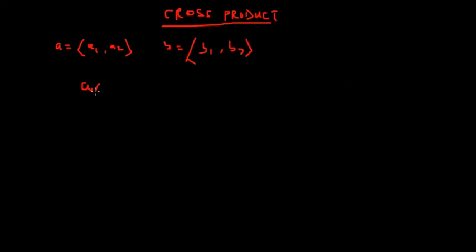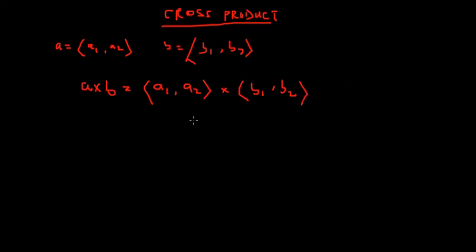So the cross product of the two vectors, A is A1, A2, and B is B1, B2.